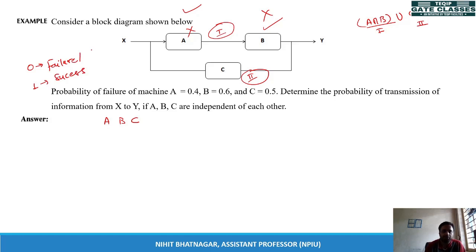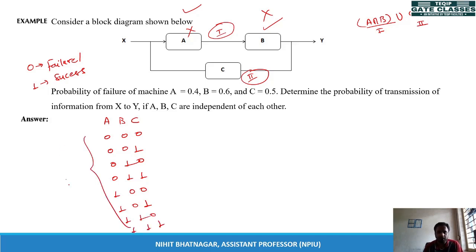Zero means the machine has failed and is not in working condition; one means success, our machine is in working condition. So the number of possible combinations is 8: 000, 001, 010, 011, 100, 101, 110, and 111.